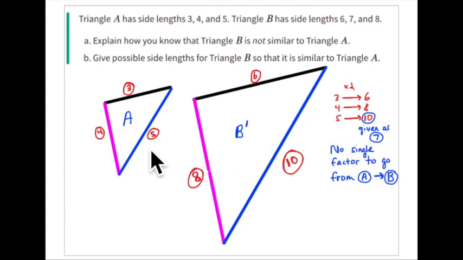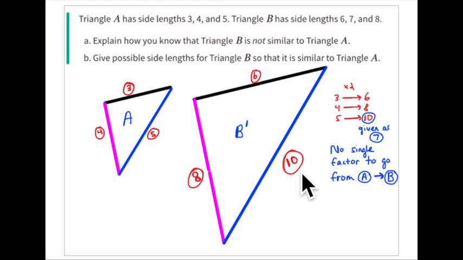The point is that you can't draw a similar triangle that has lengths 6, 7, and 8. You can go from 3 to 6, so you can use the 6. So 2 times 3 is 6. You can go from 4 to 8, so you can use the 8. 2 times 4 is 8. But then when you get to the 5 unit length side, you multiply that by 2, you get 10.